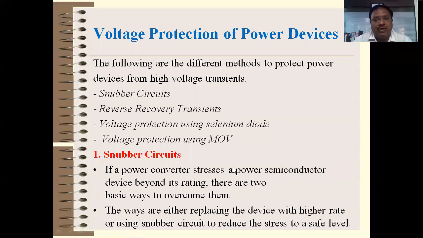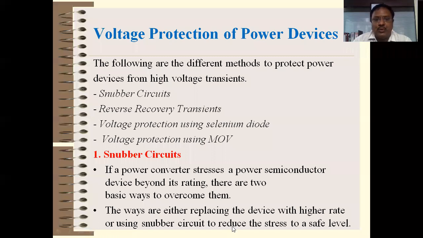Normally, when we turn on and off the devices, high voltage spikes or transients may generate, and these transients will appear across the power device, which may damage it. So the snubber circuit protects your devices from such transients, which may occur during on and off of a device, because of which your power devices may be damaged.